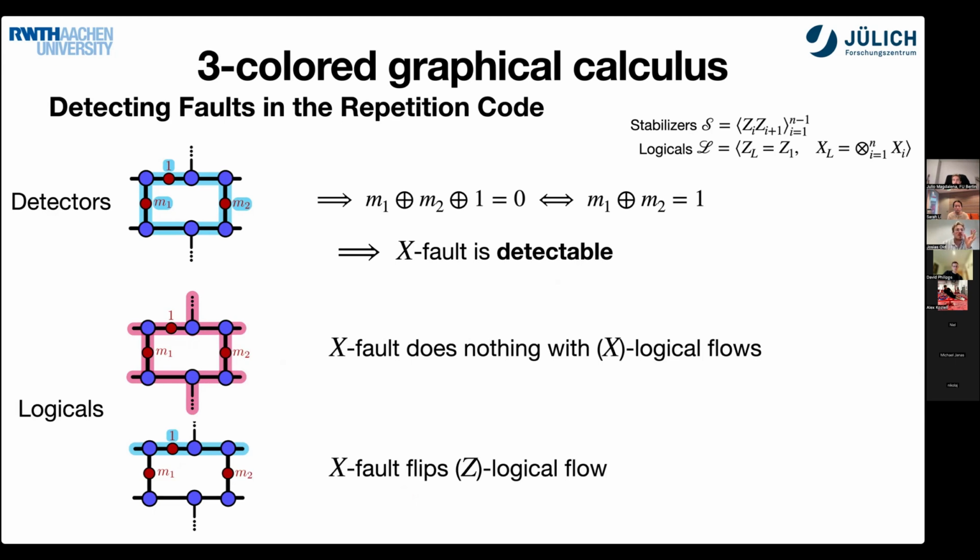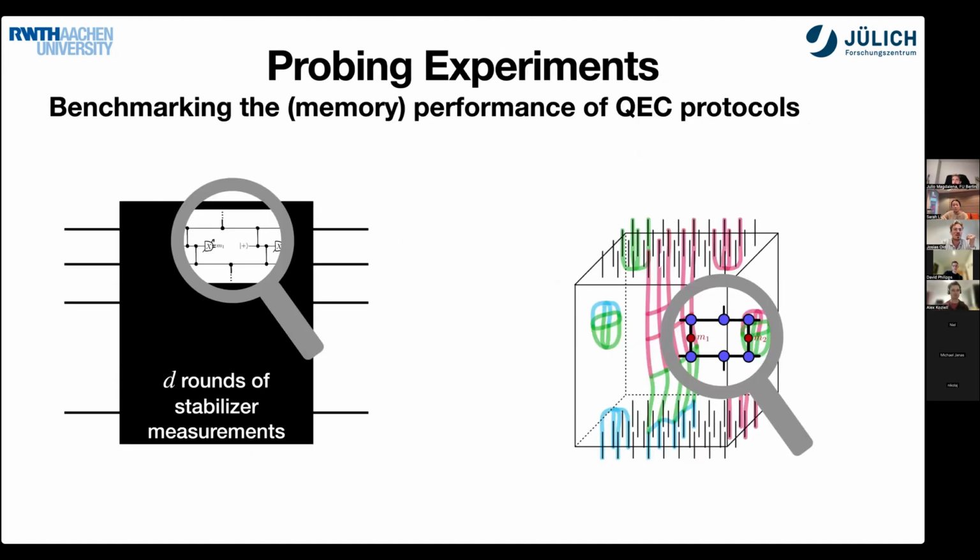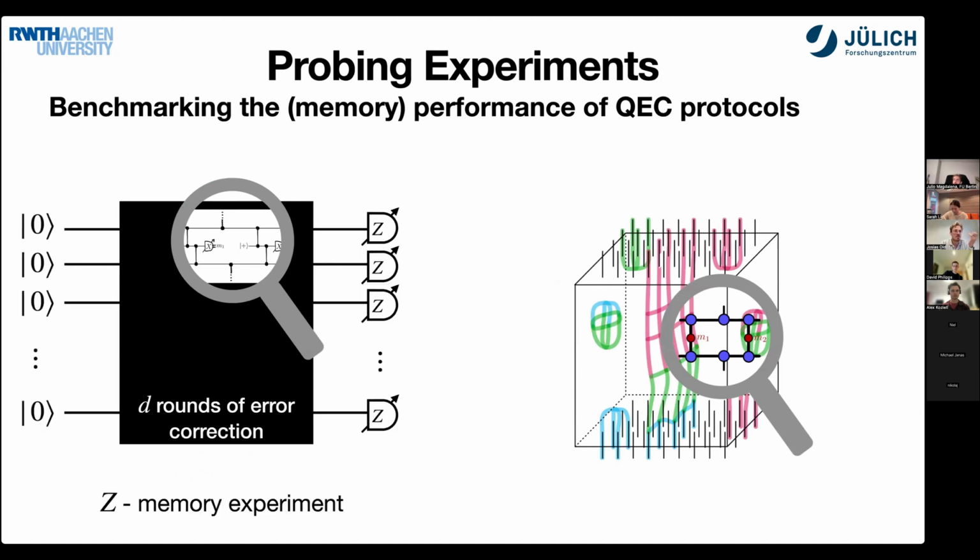Next, I will zoom out a little bit and ask how do we now benchmark these protocols. So say we have some code and we want to see how well it protects our information. What we typically would do is we run d rounds of stabilizer measurements to check, for example, if we started in an all 0 state, we perform d rounds of error correction.